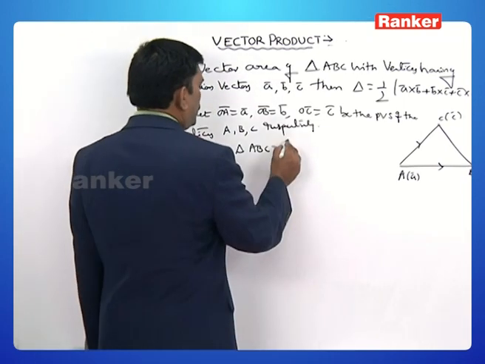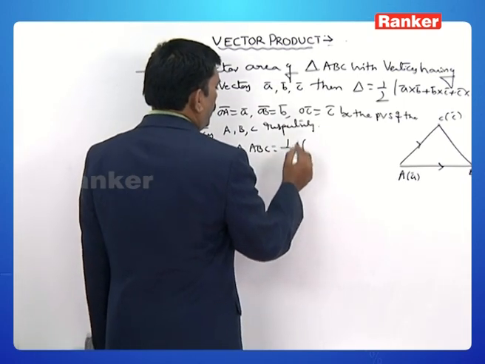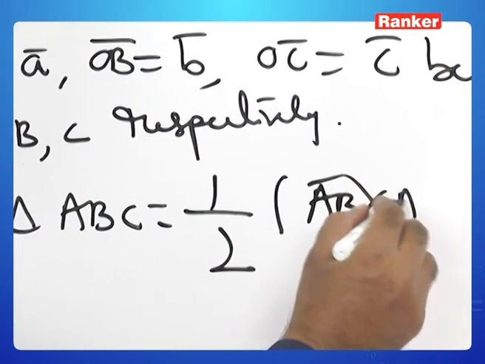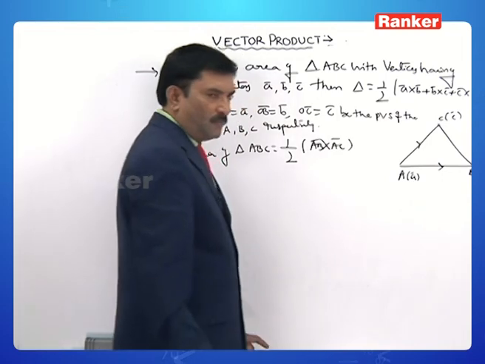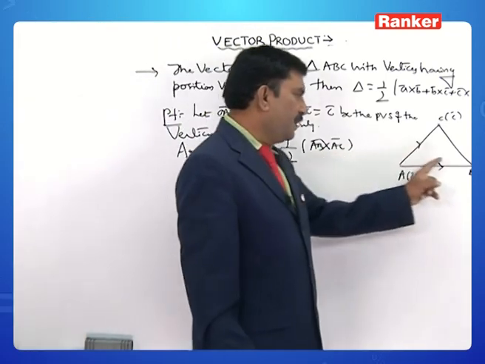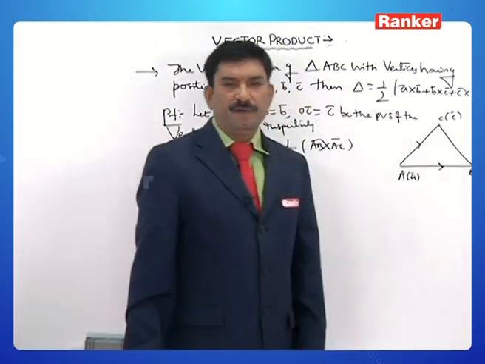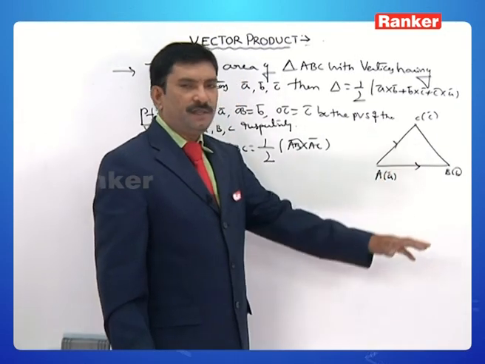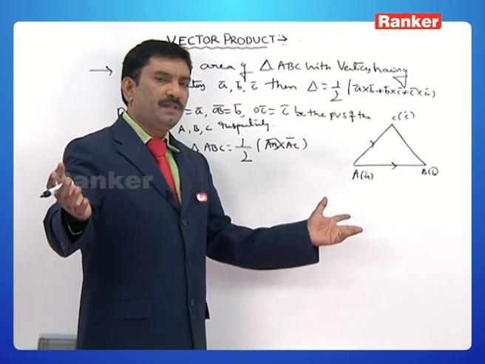Area of triangle ABC, you can go by half into AB bar cross AC bar. You can also take BA bar cross BC bar. You can also write CA bar cross CB bar as you please.